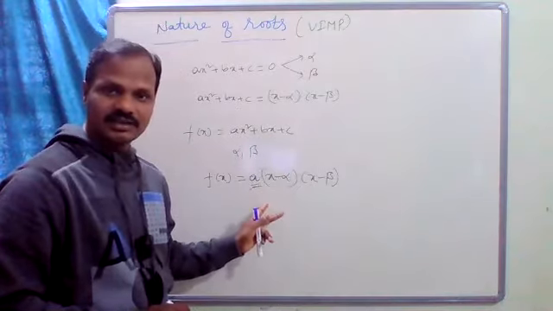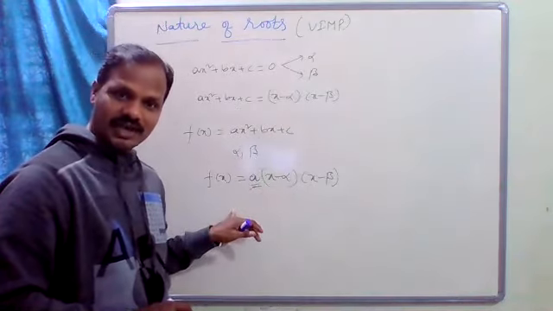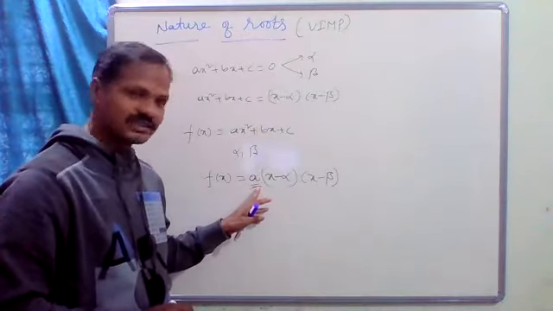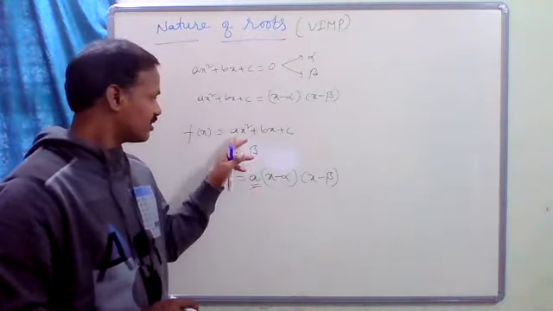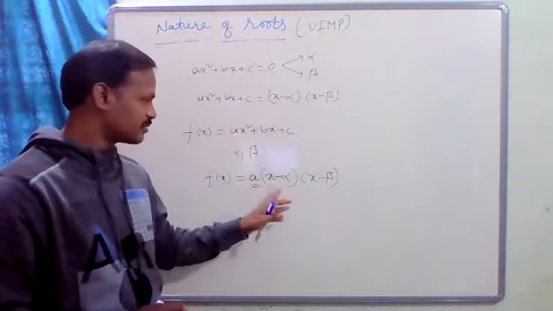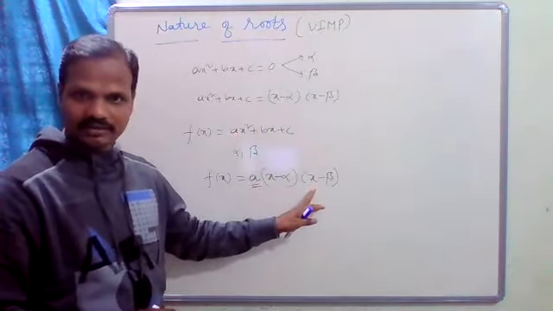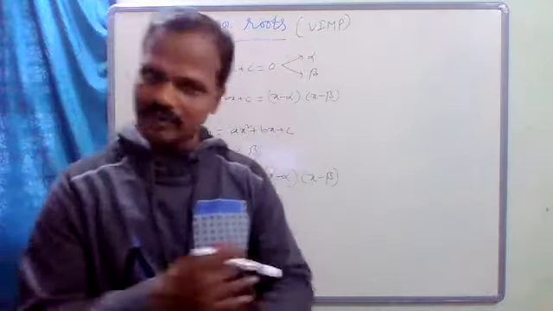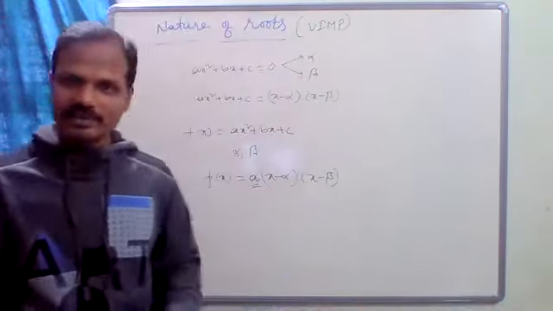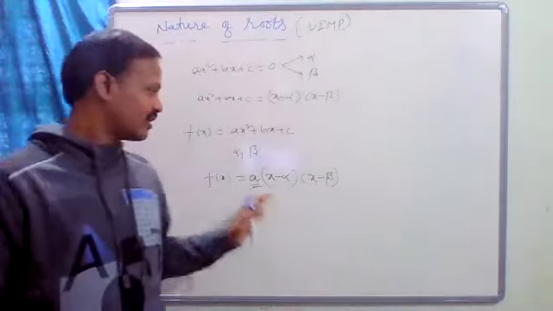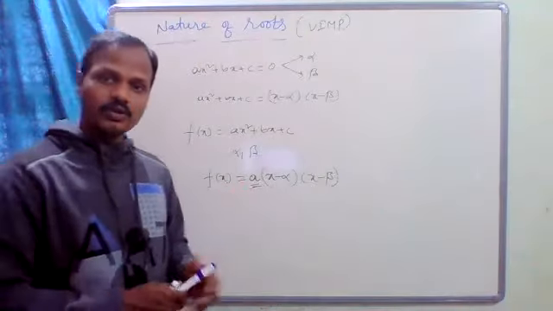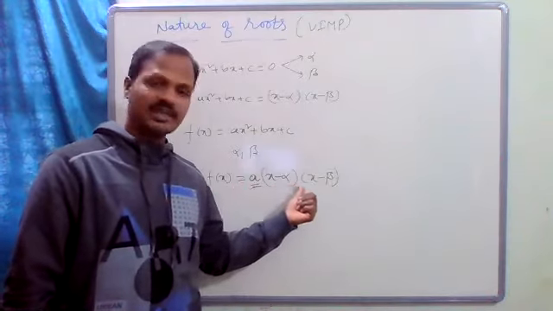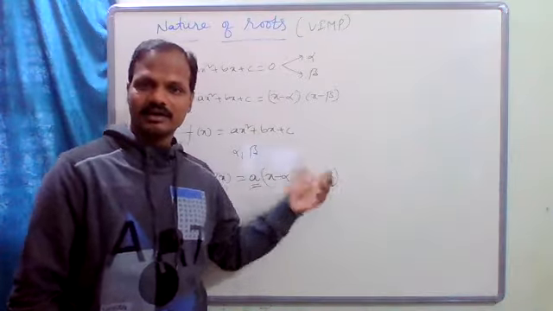If the polynomial is asked, write a, the leading coefficient, into x minus alpha into x minus beta. If an equation is given, write directly x minus alpha into x minus beta equals 0.